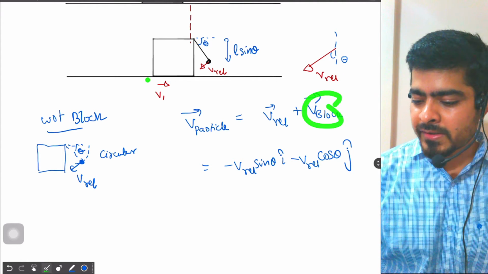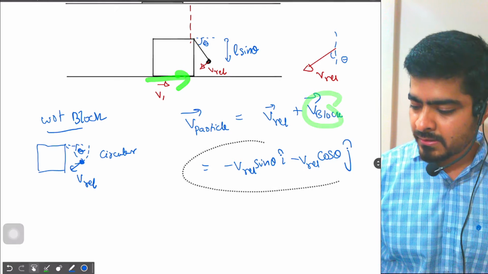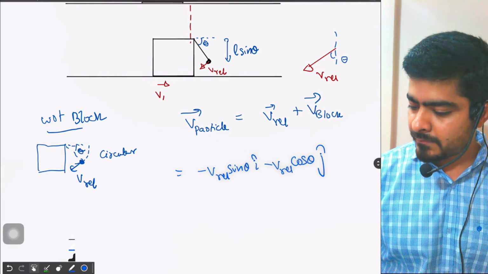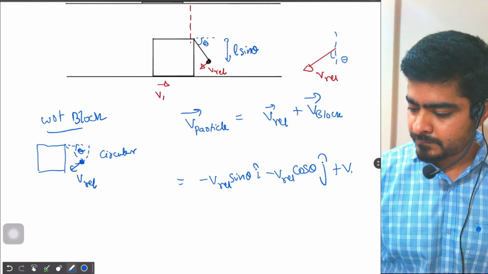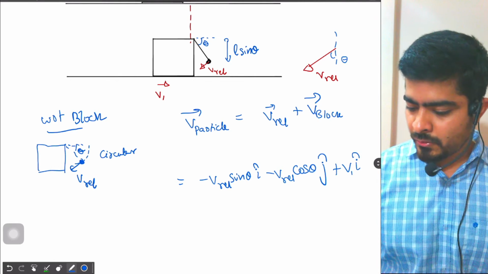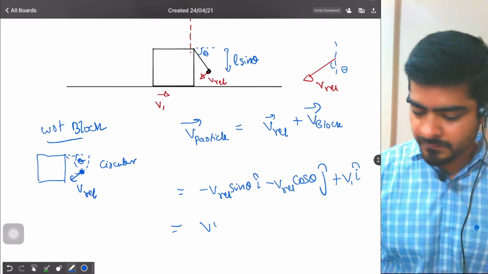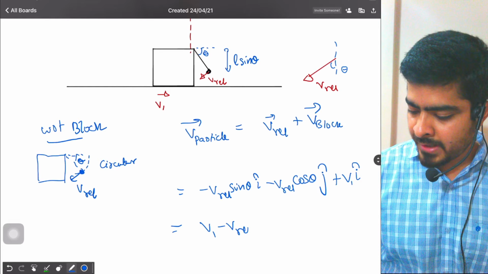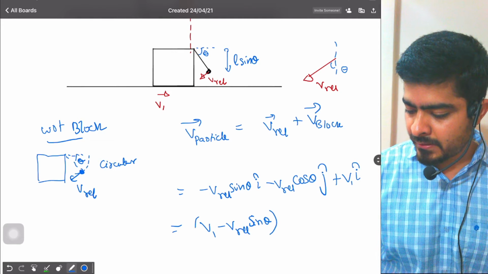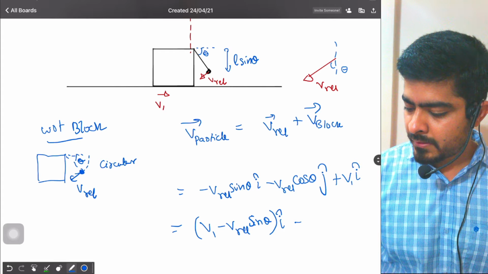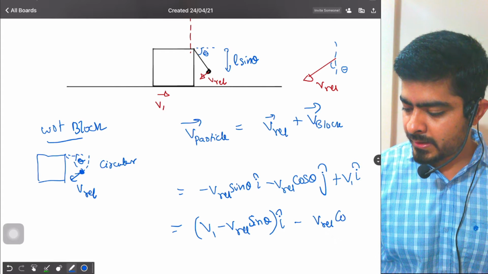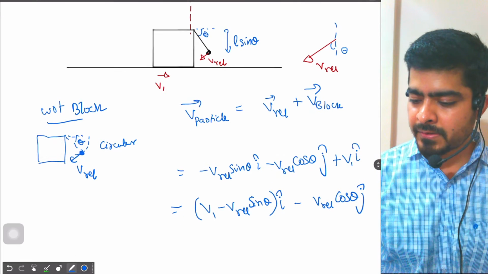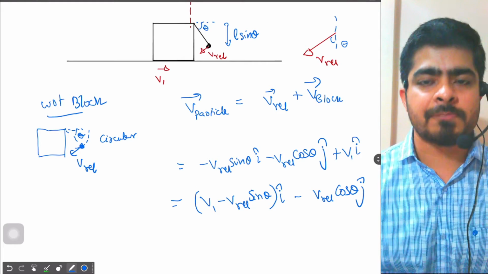And velocity of block is what? Along positive x axis. So that will be simply v1 i cap. Okay, so we have this to be equal to v1 minus v relative sine theta i cap minus v relative cos theta j cap. This is the velocity of the particle with respect to ground.